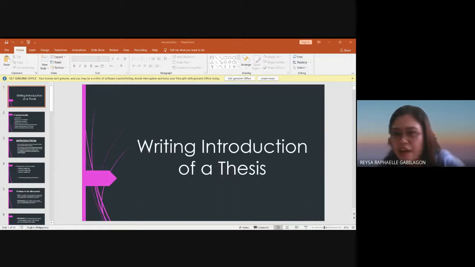Kasi, di ba, I think nag-share ako last time, it took me 5 years to finish my master's, my MS. So I had 2 years for the academics and it took me 3 years to finish my research. So supposedly I can finish that in a year, but my problem was I was so lazy to do my research that time.